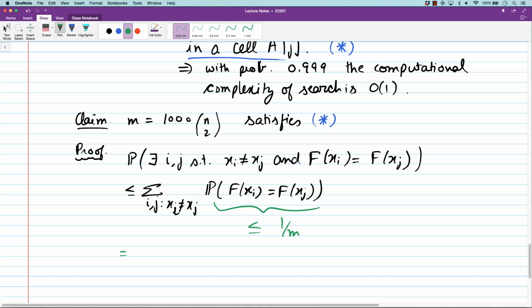So this number here is just choosing 2 distinct elements out of n, and in the worst case, the maximum it can take is n choose 2, because that will happen when all of them are different. So this is n choose 2 by M. And this probability is less than or equal to 1 by 1000 if M is greater than 1000 and choose 2.